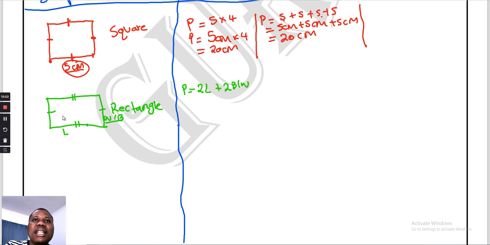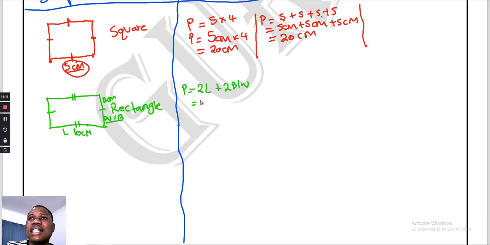They don't need to give you numbers all around the object. You understand? They can only give you this one and say this side is 10 centimeters and this side is 4 centimeters. So we are not going to add all of these numbers.